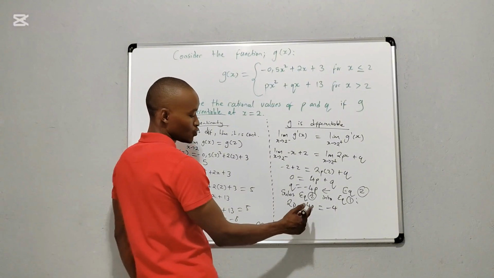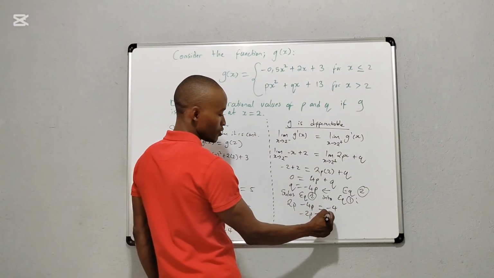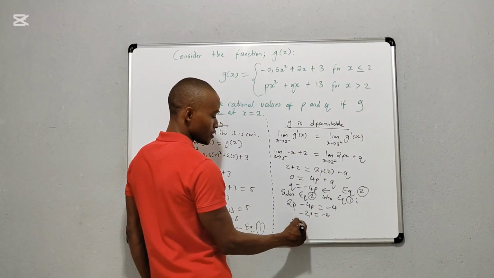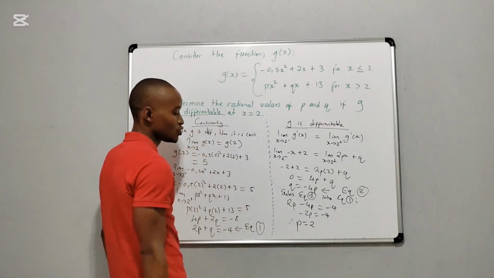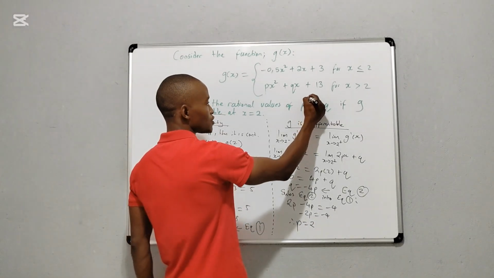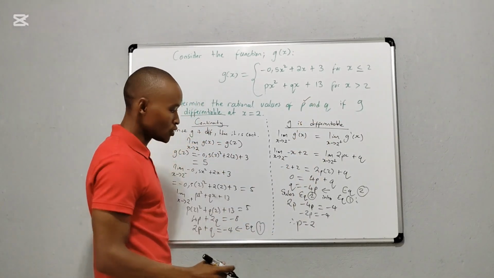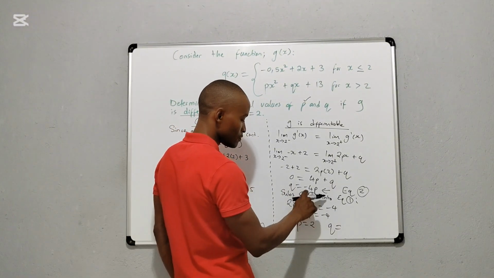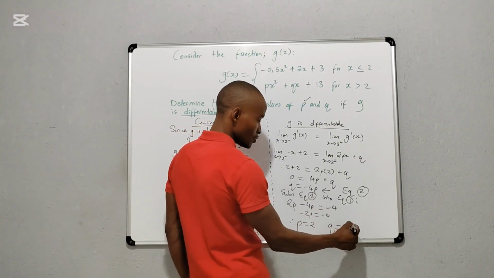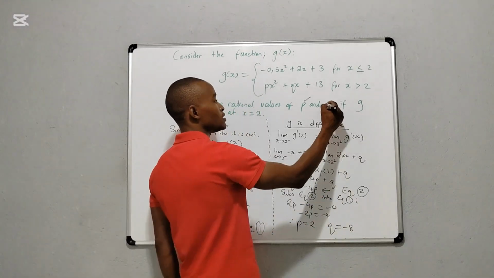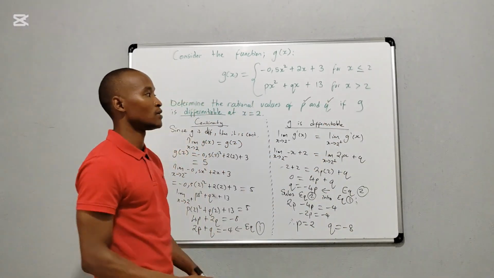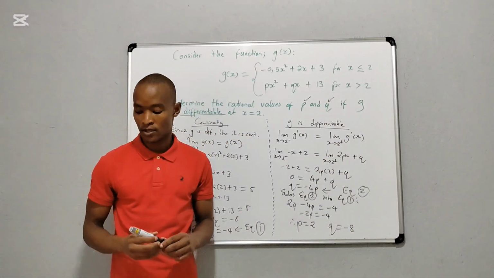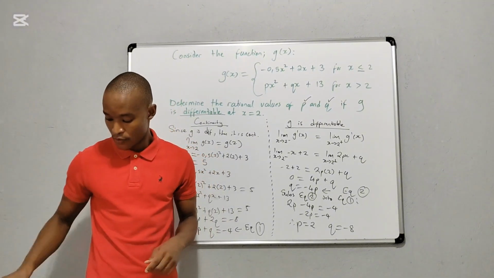Okay, so this would be negative 2p equal to negative 4, giving us p as 2. Okay, so we've got this one. What do we need now? q, by back substitution, we go back here. q will be negative 4 times 2. q will be negative 8. We've got the solution for q as well.